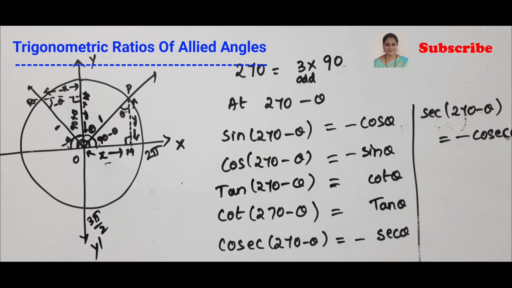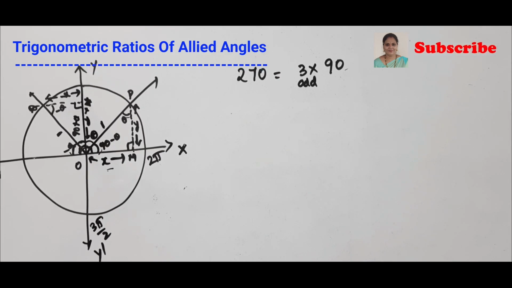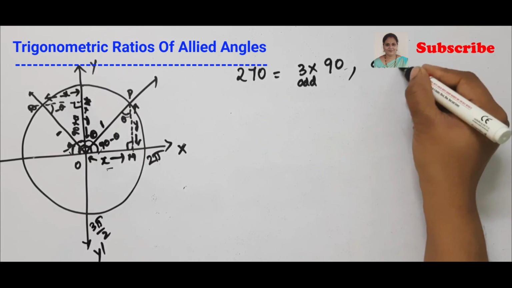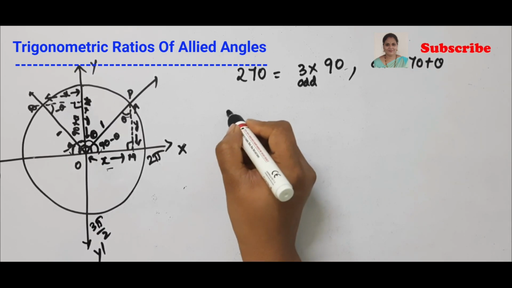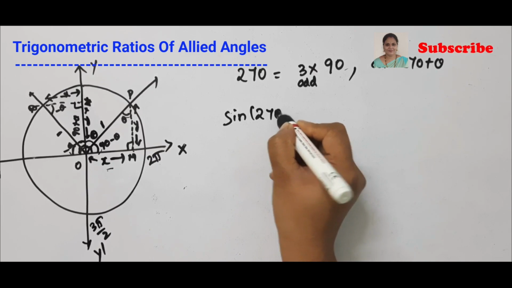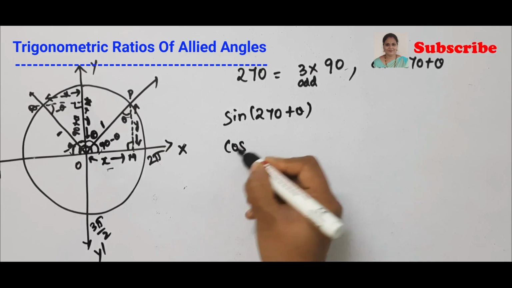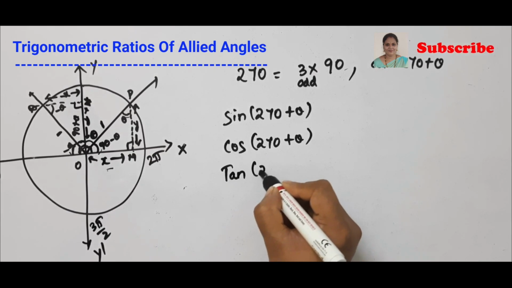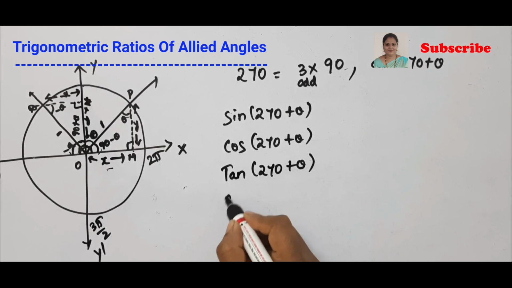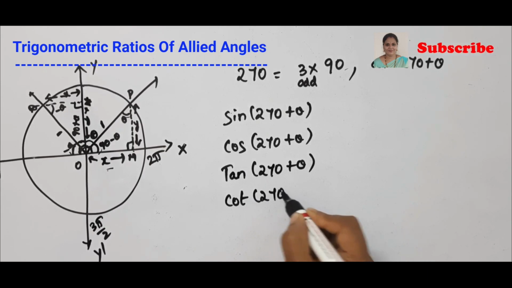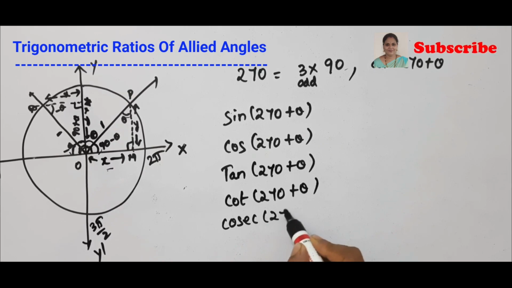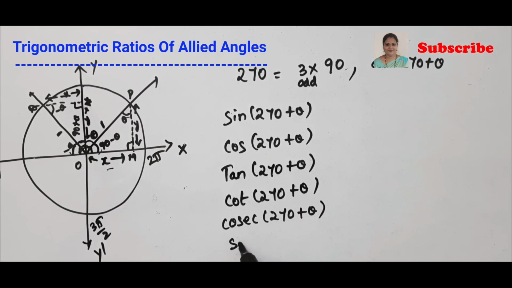Okay. Now let us write at 270 plus theta. First let us write the trigonometric ratios. Sine of 270 plus theta, cos of 270 plus theta, tan of 270 plus theta, cot of 270 plus theta, cosecant of 270 plus theta, secant of 270 plus theta.